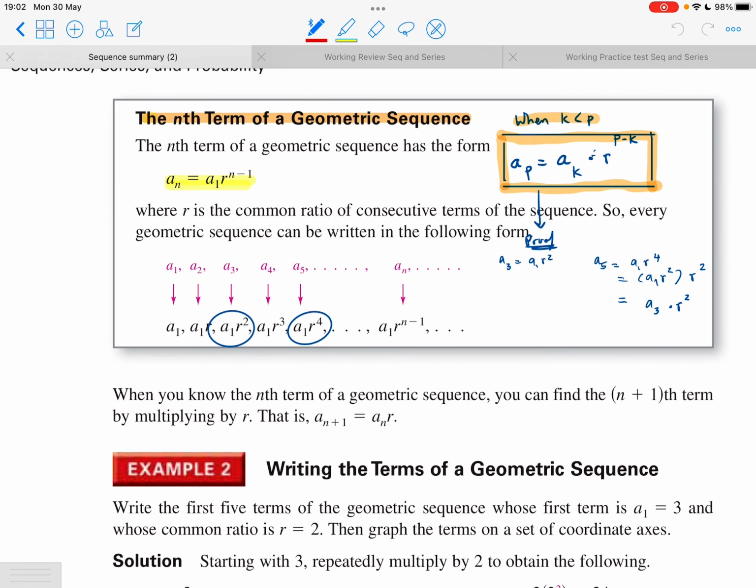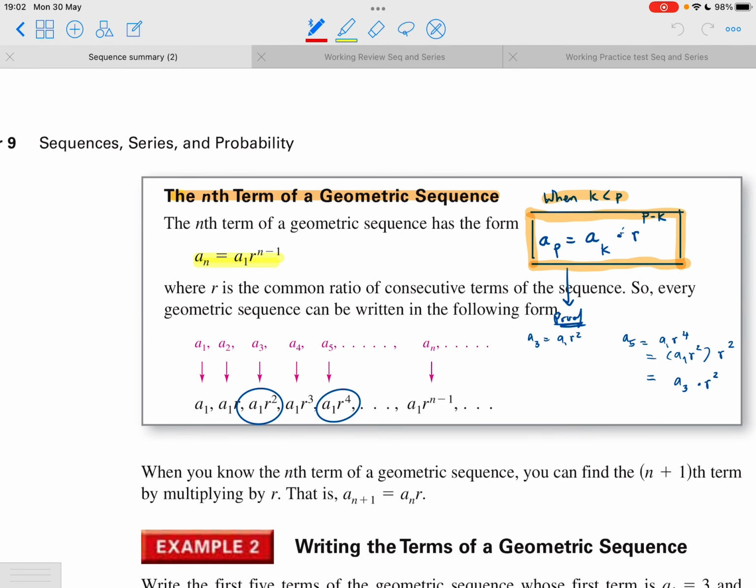Now, a geometric sequence is one where dividing terms gives you a constant. In other words, the second term divided by the first term equals a constant, and the third term divided by the second term equals a constant. And the formula is a_n equals a1 times r to the n minus 1. This is a geometric sequence.